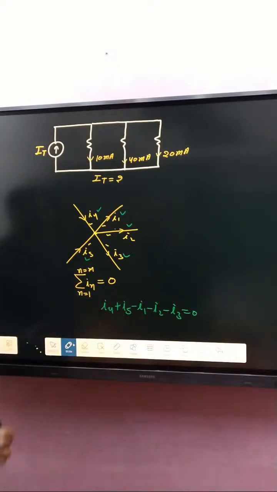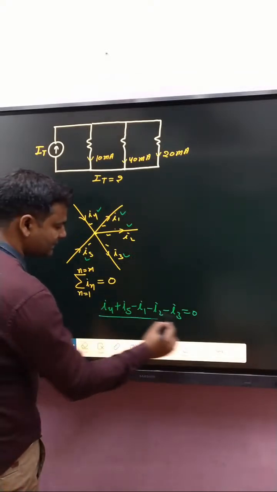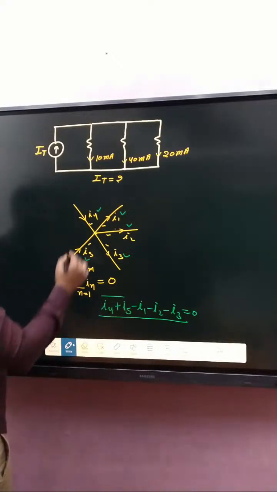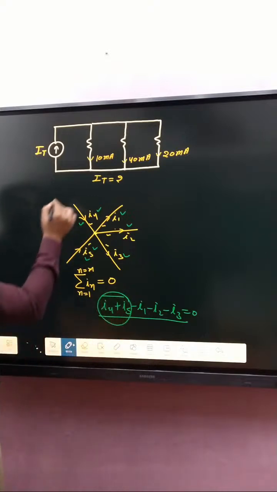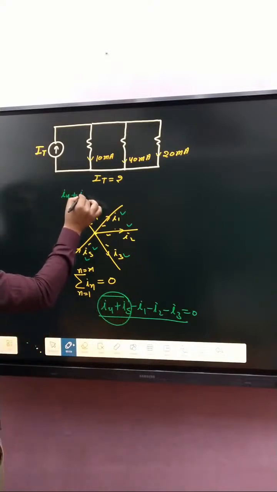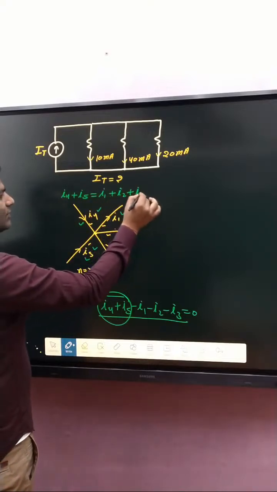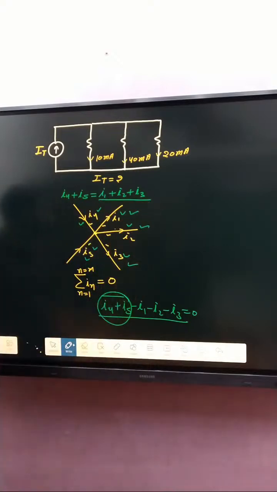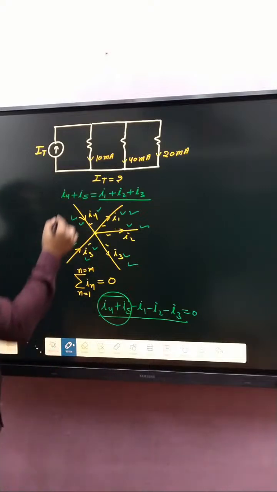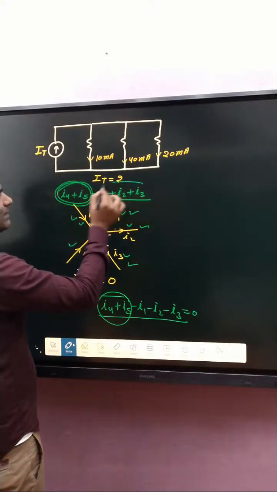So you can say I4 plus I5 equals I1 plus I2 plus I3. If you see very carefully, I1, I2, I3 are outgoing currents, and these two are incoming currents at that junction. So the sum of incoming current is equal to the sum of outgoing current.